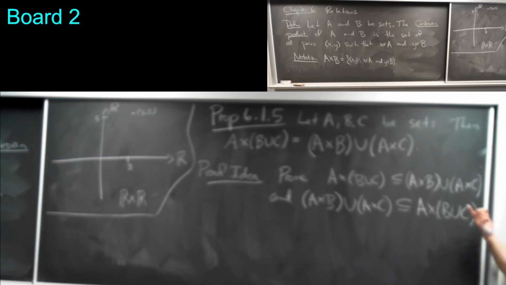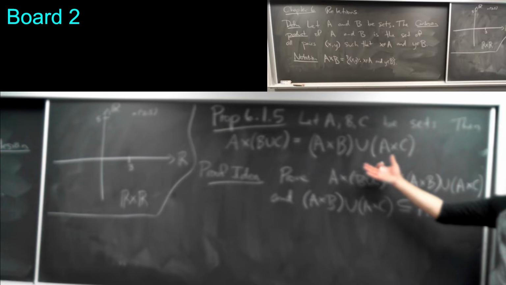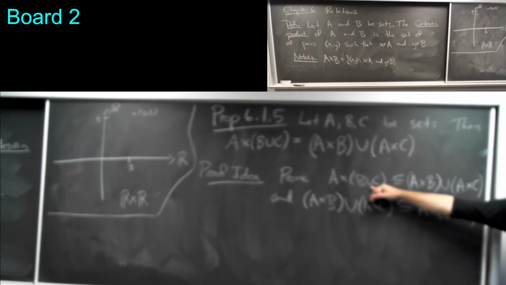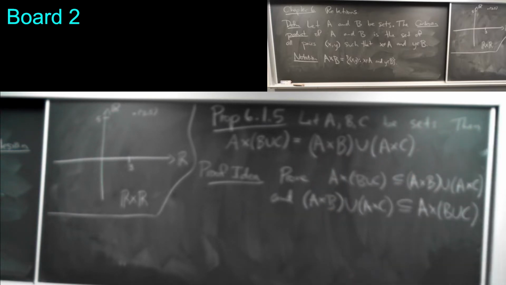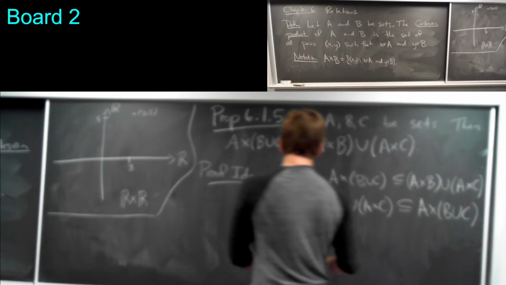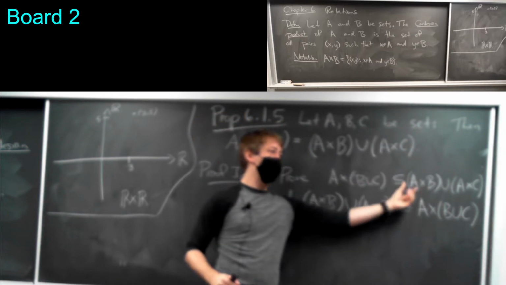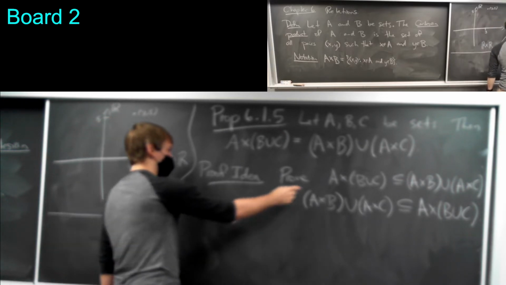So if this isn't already kind of instinctual to you, then this should be your reaction when someone says prove this set is equal to this set. You should kind of know by now that what you want to prove is this one's a subset of that one, and that the other one's a subset of the other one. And also, you should recognize that, how do I prove that this is a subset of that? I start by saying, take any element of this.